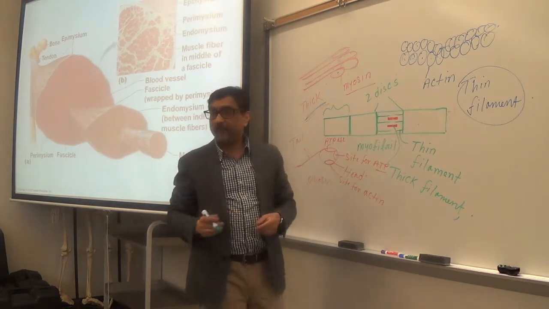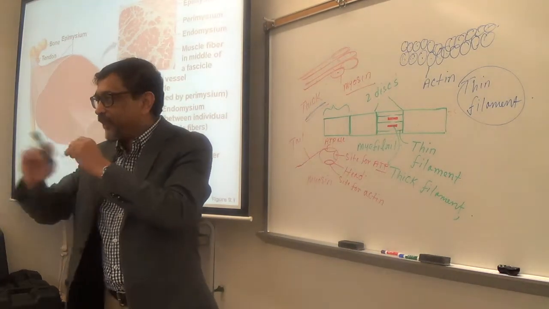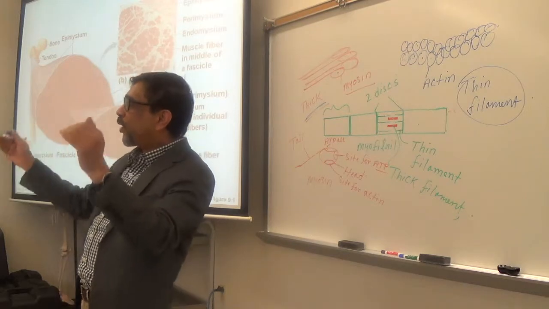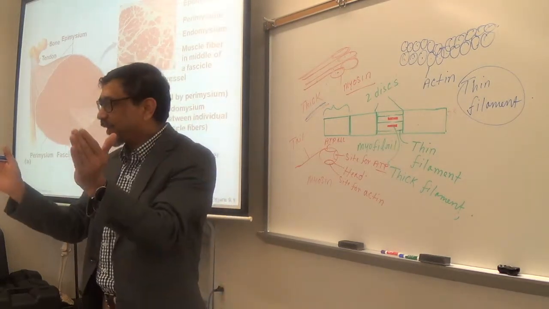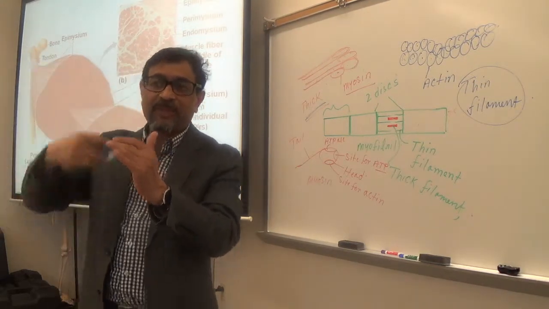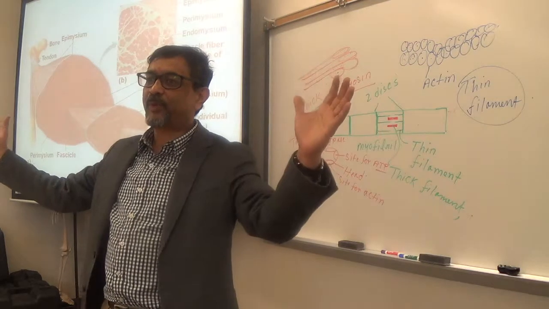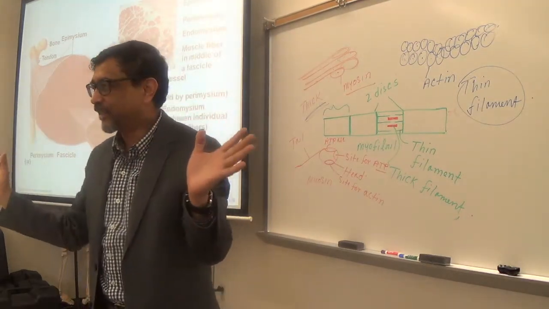So that makes the myofibrils short. Now, myofibrils are inside the muscle fibers, right? Many myofibrils inside the muscle fiber. So when all myofibrils get short at the same time, whole muscle fiber gets short, right? And inside the muscle fascicle, you have many muscle fibers. So when all muscle fibers get short, fascicles get short, right?